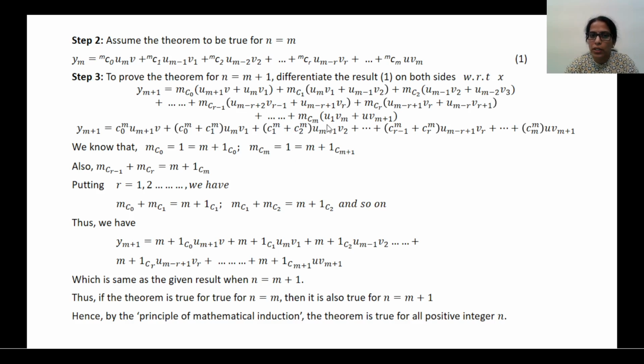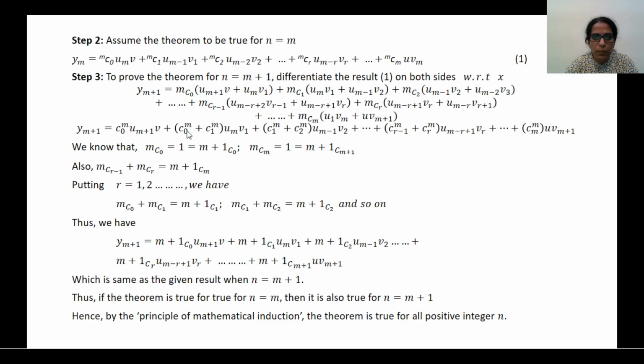So therefore, this equation can be written as mC0 can also be written as m plus 1 C0 because both the values are equal to 1. Right. So it is m plus 1 C0 u^(m+1) v.